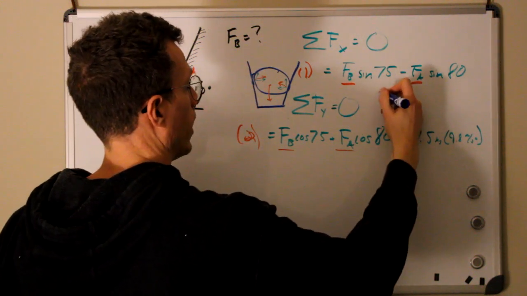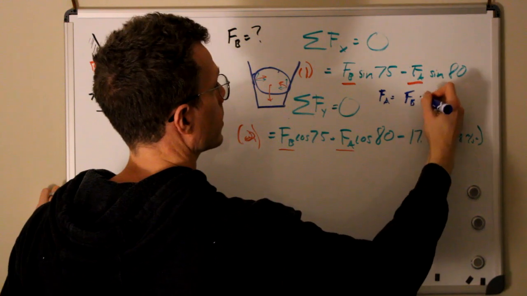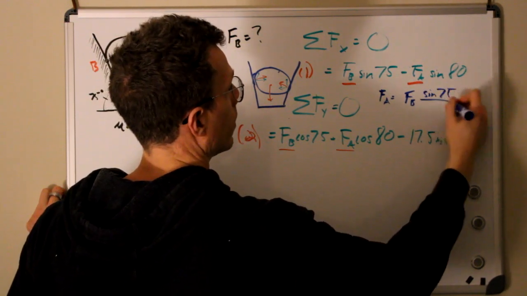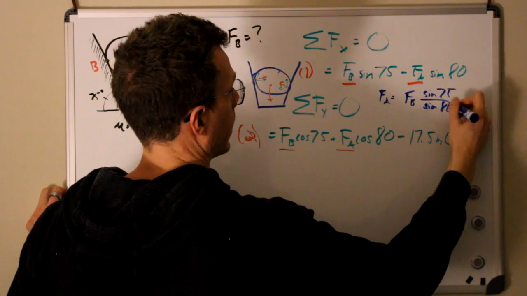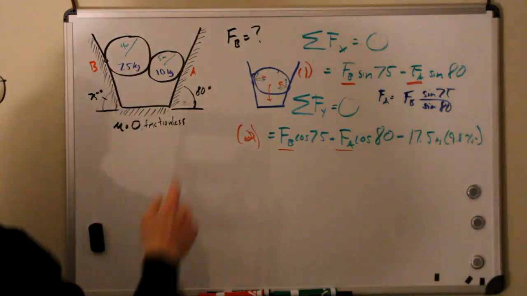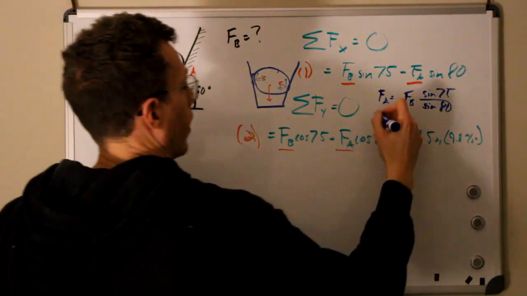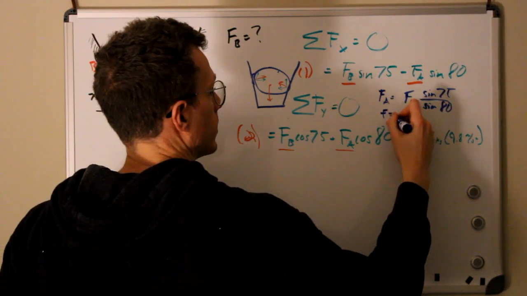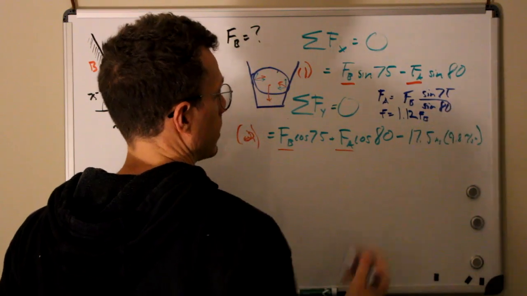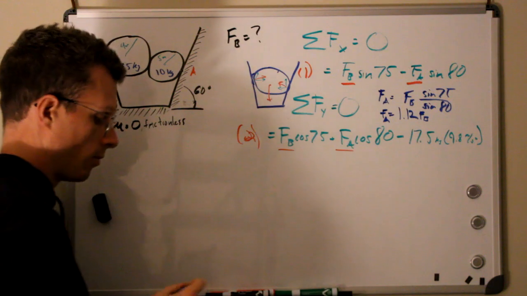So F of A is equal to FB times sine 75 over sine of 80, and whoops, this is actually 60 degrees. I misdrew this. And so F of A is going to equal 1.12 F of B.